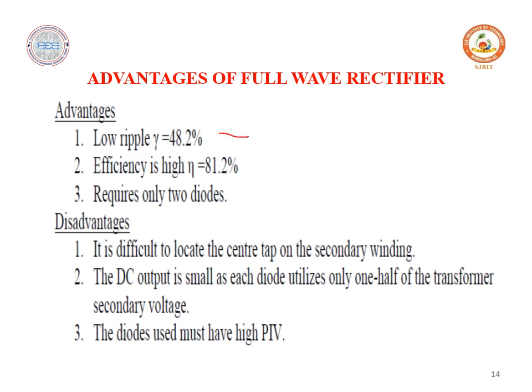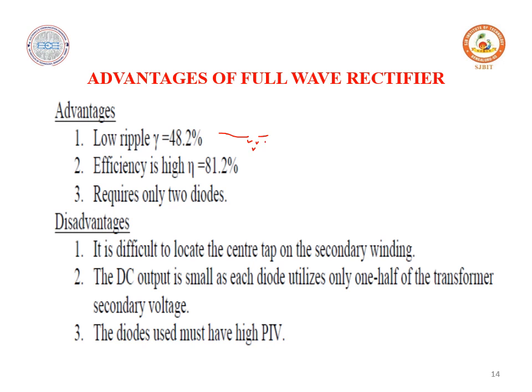The advantages of the full wave rectifier are low ripple, with a ripple factor of 0.48, or 48%, and high efficiency, 81.2%.